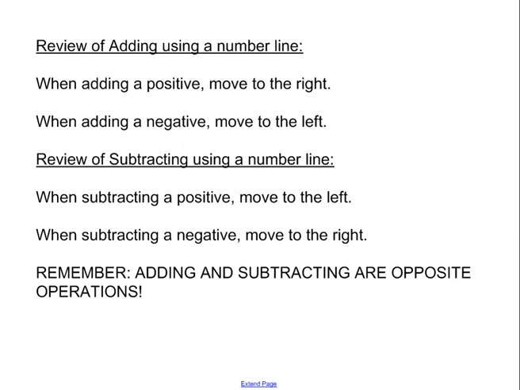Well, what are we doing there? We're subtracting a positive. To make that into a harder problem, we could make it negative 7 minus 5. We're still going to move to the left. And then subtracting a negative, that's something like negative 1 minus negative 5. And really, that's like adding. And so there, we're going to move to the right.